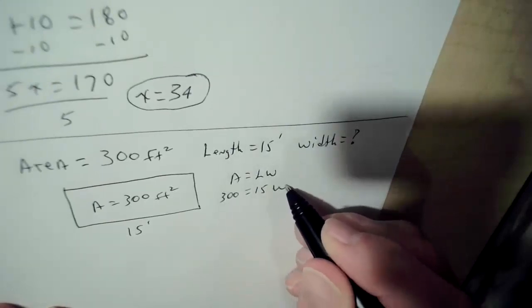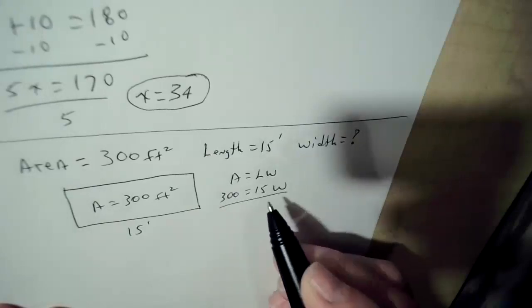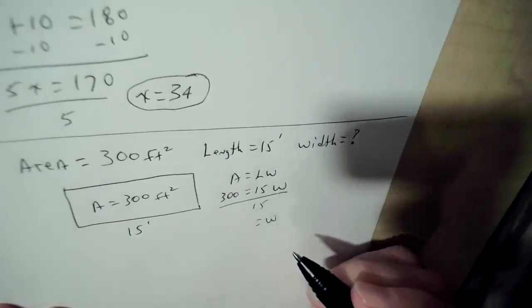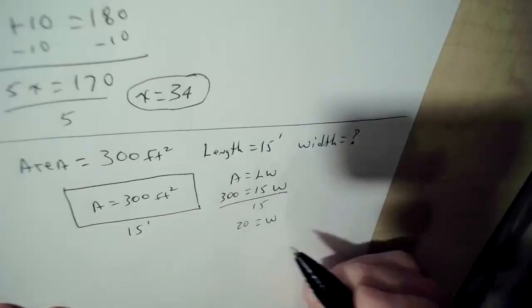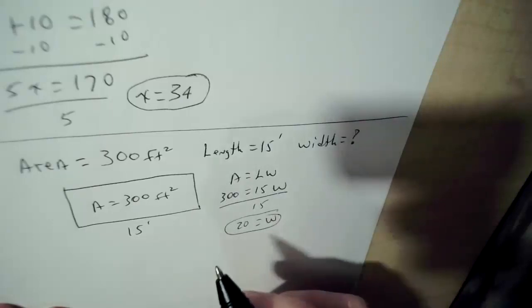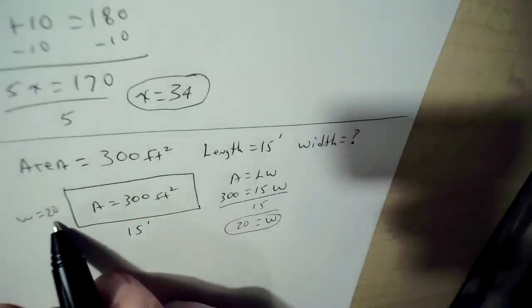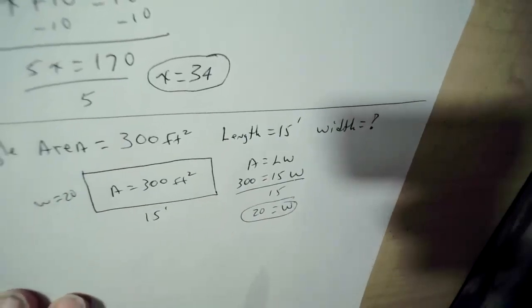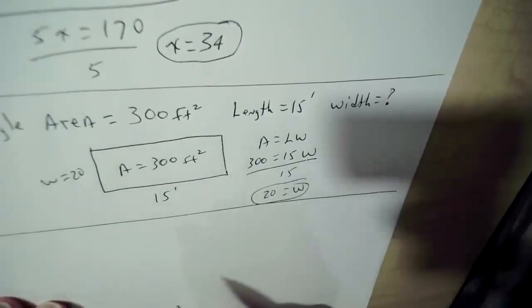The area is 300, the length is 15, the width, we do not know. Now we have a very simple algebra problem. Divide by 15. Width is, what is that, 20? So the width is 20. And 20 times 15 is 300, so we're probably correct.